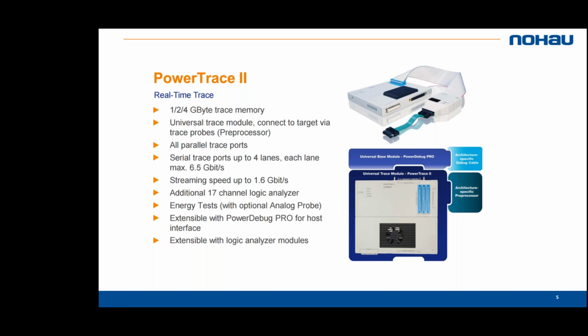On top of the universal Power Trace module, you also need an architecture-specific preprocessor. The preprocessor is what will support the trace interface that you are going to use on your embedded CPU. For example, it could be for parallel trace for an ARM or serial trace on a Tricore, etc. These are the base modules.